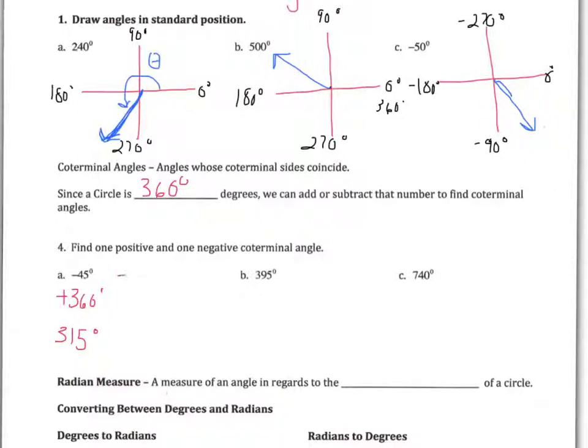To get a negative coterminal angle, I can just subtract 360, and that would give me a negative 405. So negative 405 degrees, if I went in the negative direction around my circle, and I had to pass negative 360 and then keep going, I should end up at negative 405.